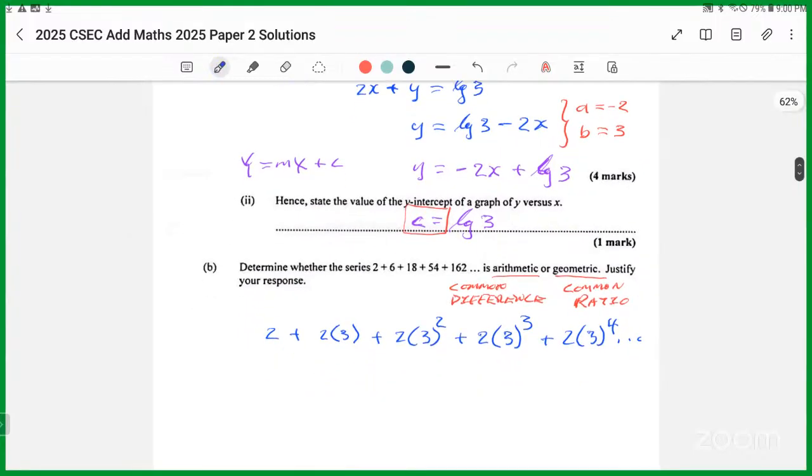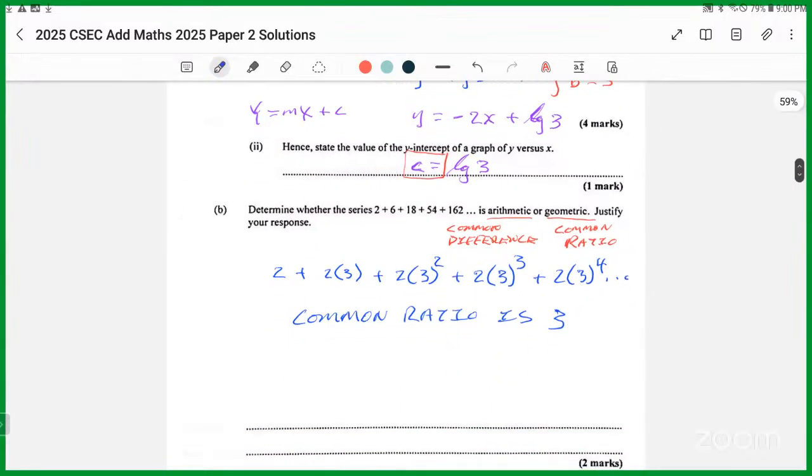So I'm going to say the common ratio is 3. Because it's a common ratio, it's a GP. Therefore, the series is geometric.